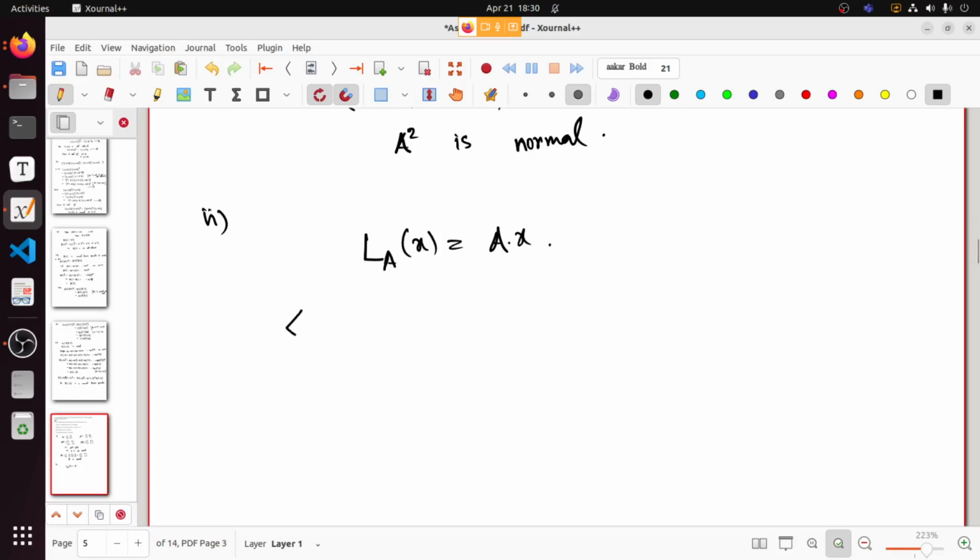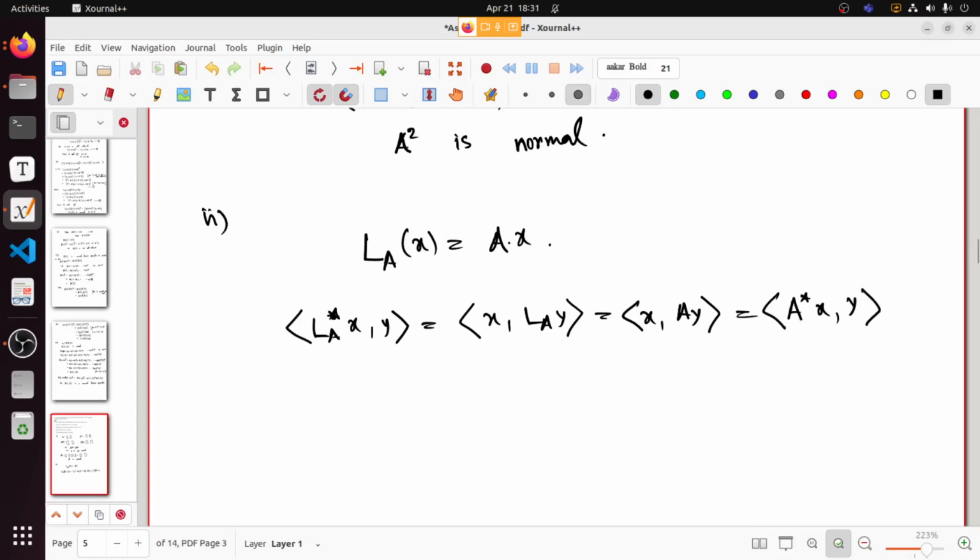Let's compute the inner product of L_A star X with Y. This will be X with L_A Y, and L_A Y is A times Y. So moving A across, it will be A star X, Y.